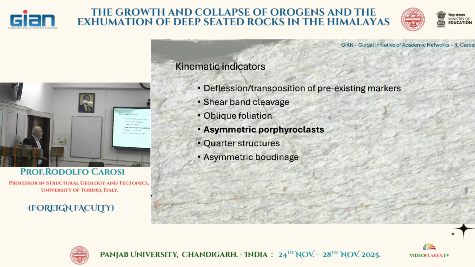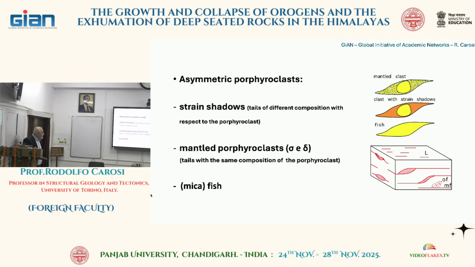Okay, other good kinematic indicators are the porphyroclasts. That means you have big clasts, maybe 10 times larger than the matrix. That we can divide in shadow and mantled porphyroclasts.